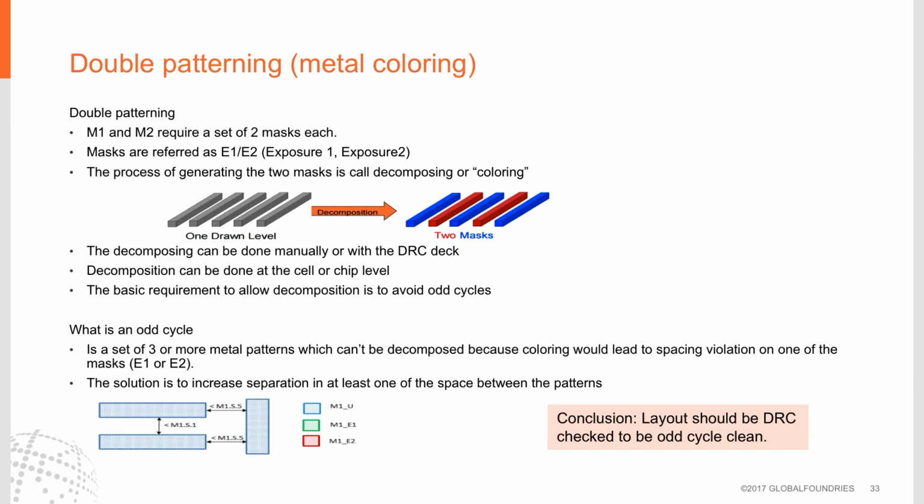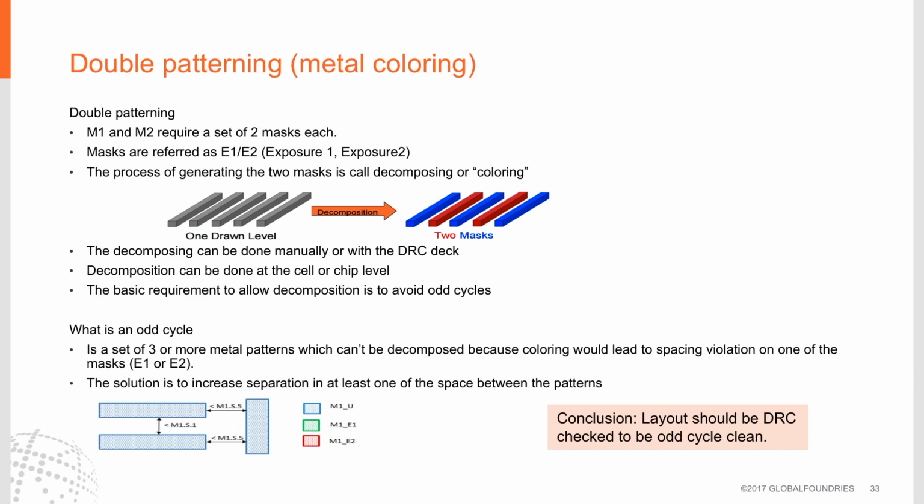The decomposition can be done manually or with a design rule deck. The decomposition can be done at the cell or the chip level. The basic requirement is that the design should be decomposable to avoid an odd cycle violation.